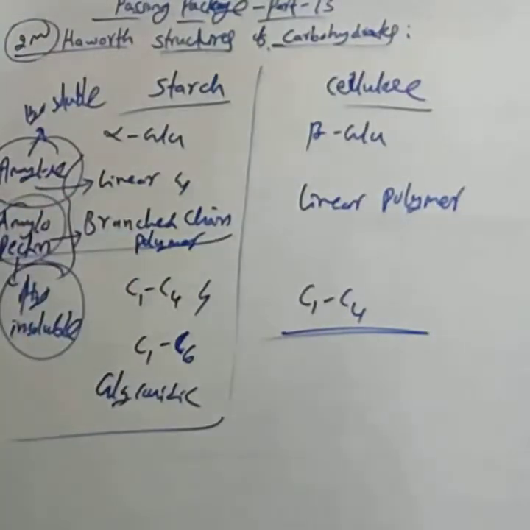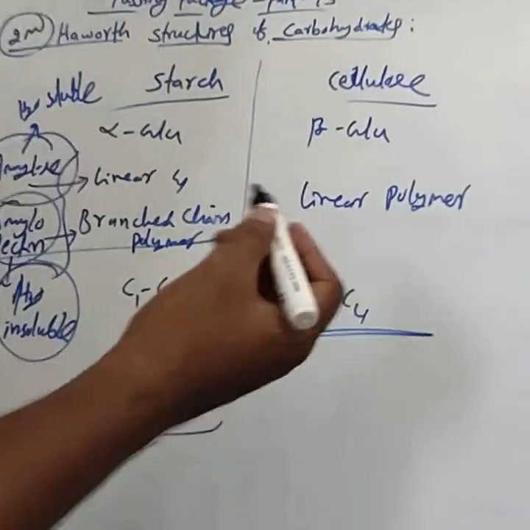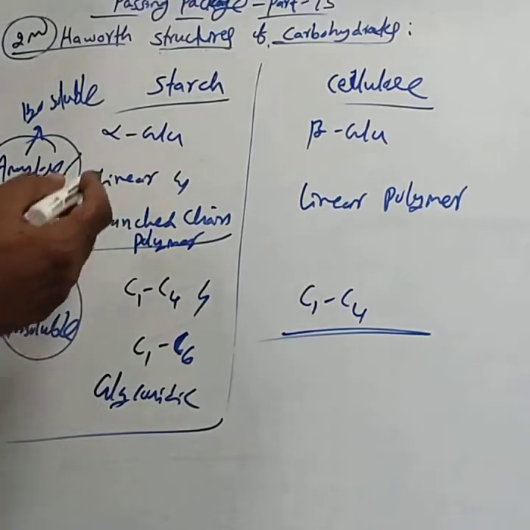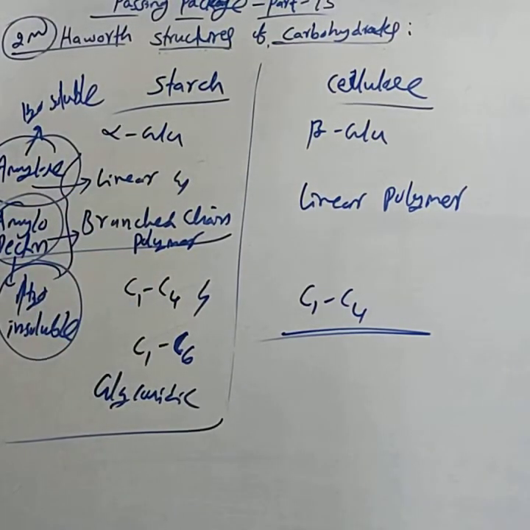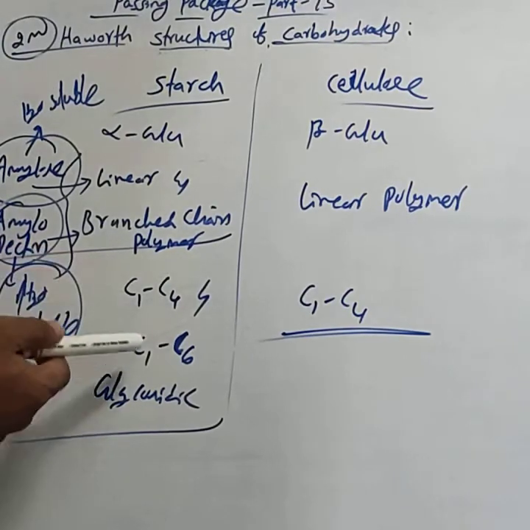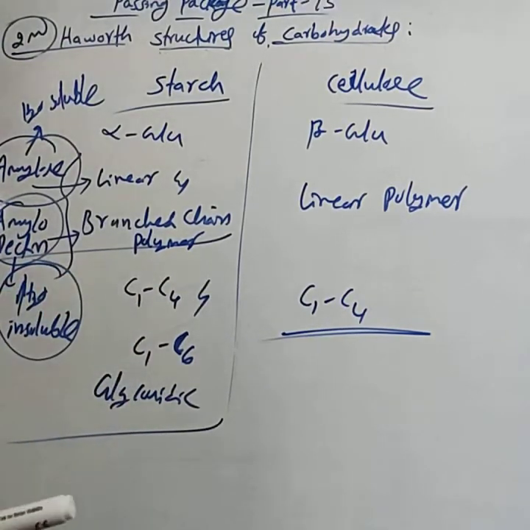Because of the linear polymer chain, cellulose has only C1-C4 glycosidic linkage. Due to the linear and branched chain polymer structure, starch has both C1-C4 and C1-C6 glycosidic linkages.